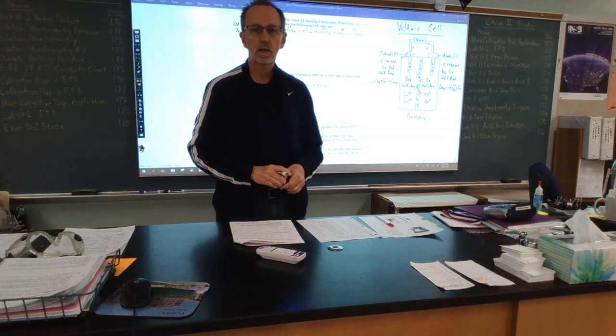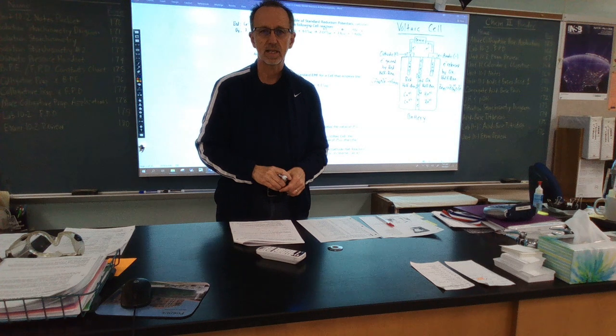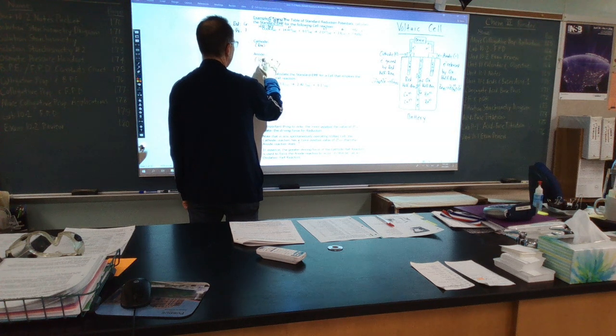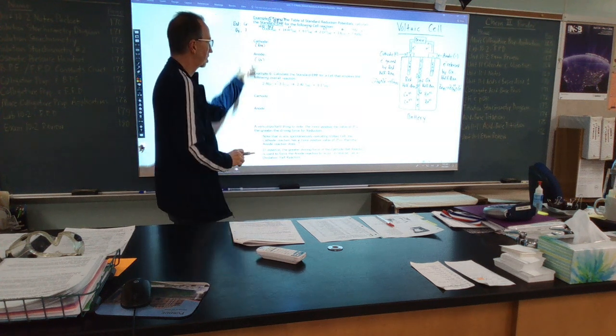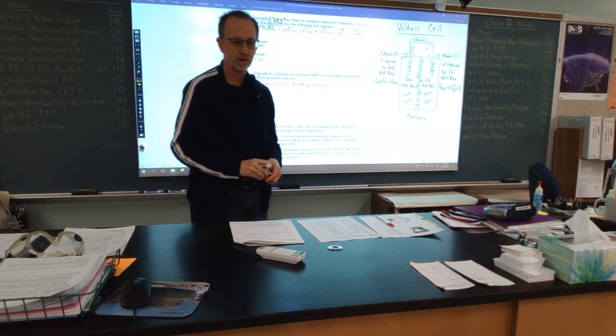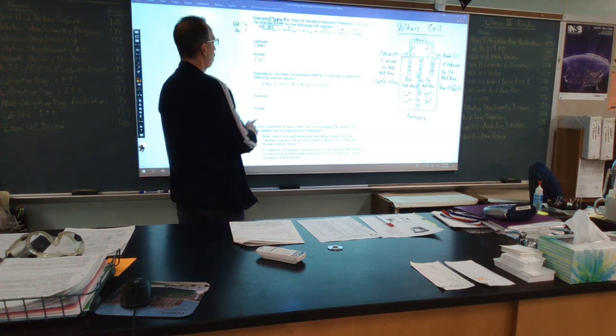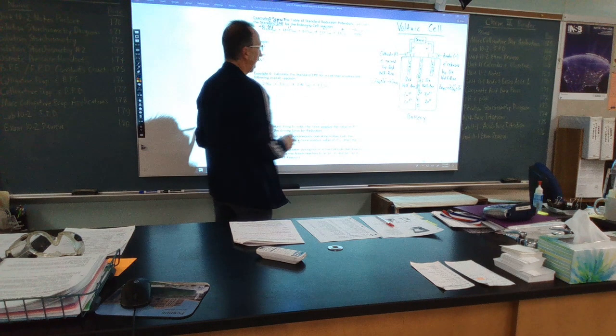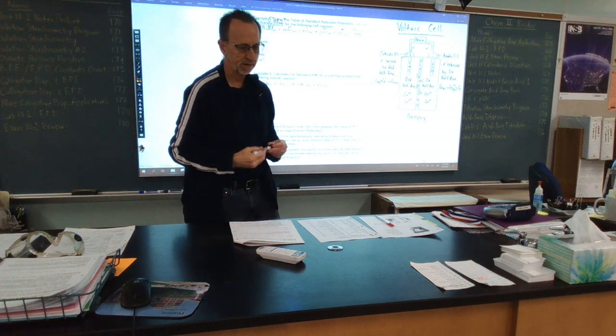So when looking up our half reactions at the cathode and the anode, remember cathode is our reduction half reaction and the anode is our oxidation reaction. So let's look up our reduction reaction first. It involves chromium, and in fact it involves the dichromate ion and the chromium +3 ion.